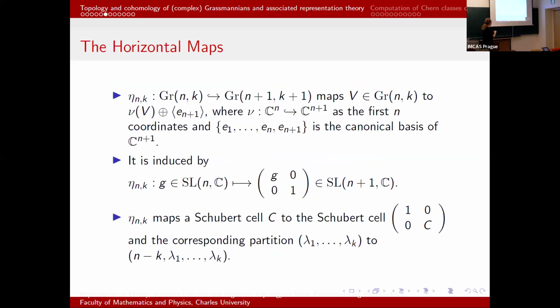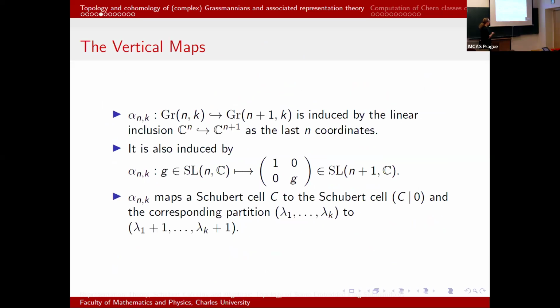It's the far, so the horizontal maps. Also, on the level of partitions, we have a partition lambda 1 to lambda k, which defines the Schubert cell C. Then the image of the Schubert cell C defines a partition of still length k, but now we can allow the first element to be less or equal to n plus 1 minus k.